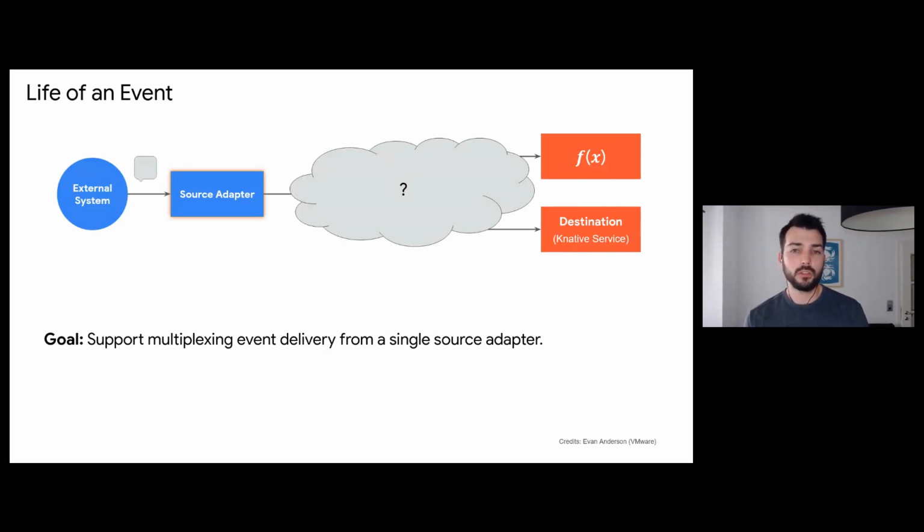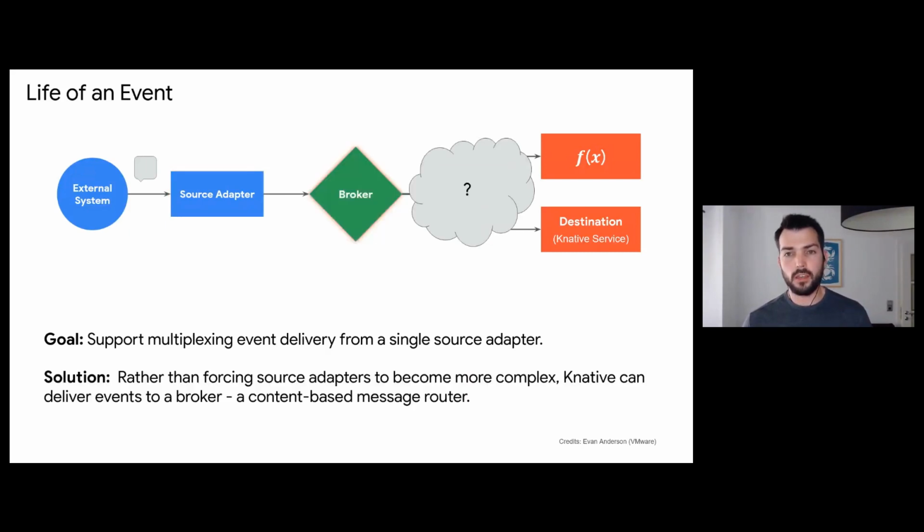So event notifications from external systems may face several types of inconvenient limits. You can think of number of notifications, the throughput, the durability may also be limited. So for that, Knative has a construct called a broker.